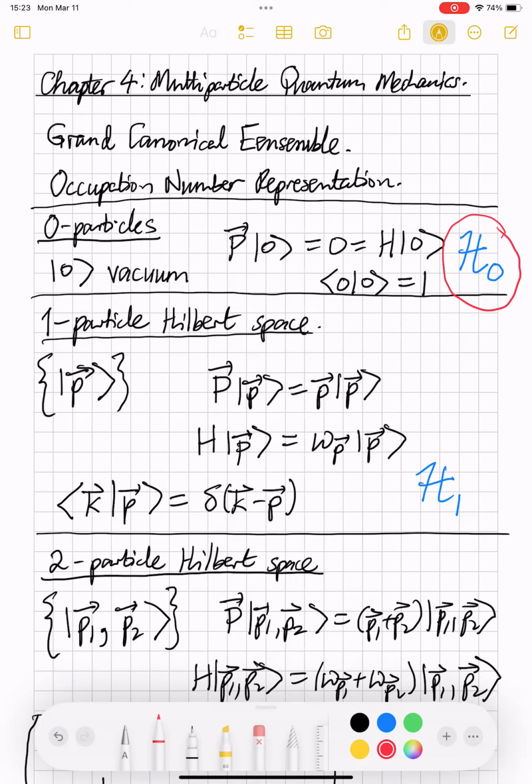So what that tells you is if you do any Lorentz transformation on the vacuum, you get the vacuum back. So the vacuum is actually a Lorentz invariant state, and all inertial observers agree on what the vacuum is. They all agree on what the state of no particles is.